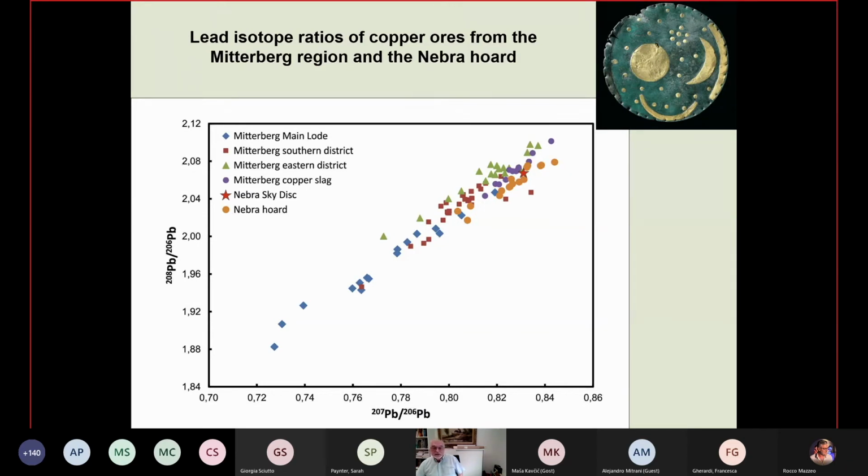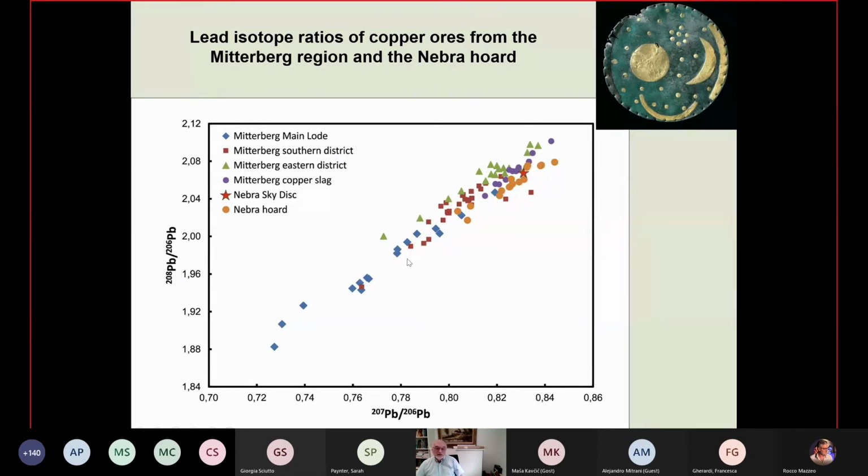And indeed, what we found here is that we have a very large, a huge variation of lead isotope ratios in the Mitterberg region. Just to give you an idea, one of these symbols, like the blue symbol here, would be the size of the Laurion field that I have shown before. So we have huge variations within one deposit.